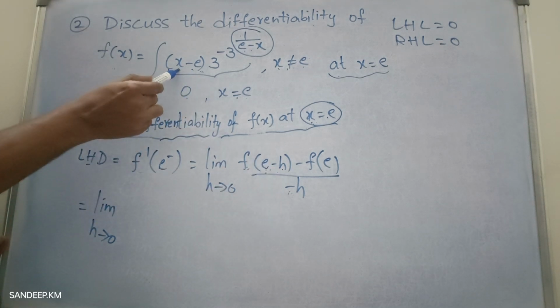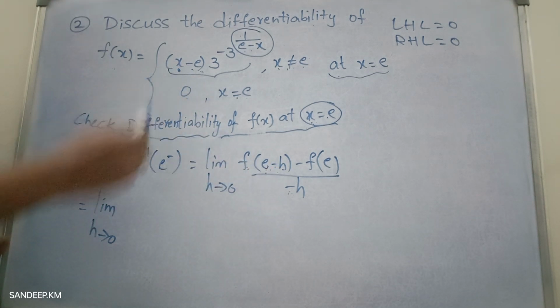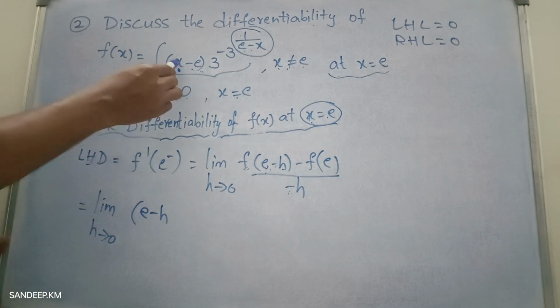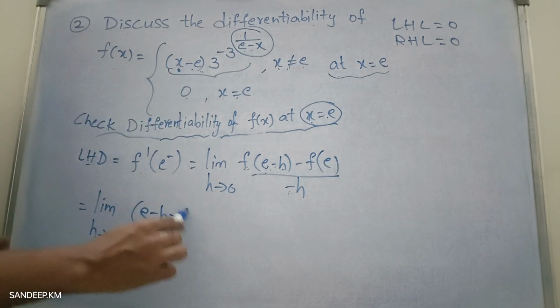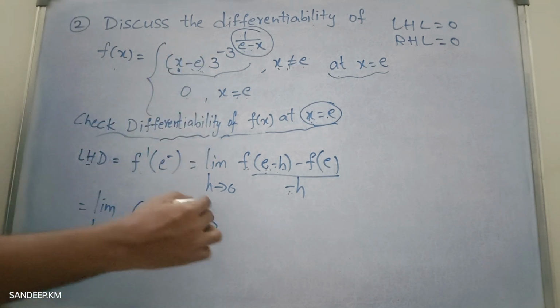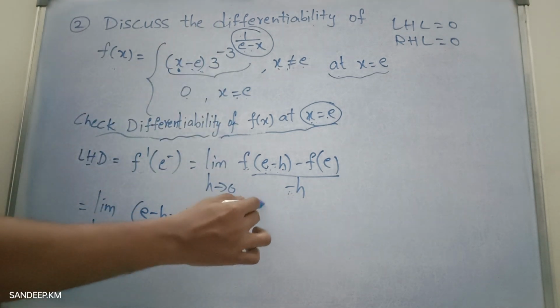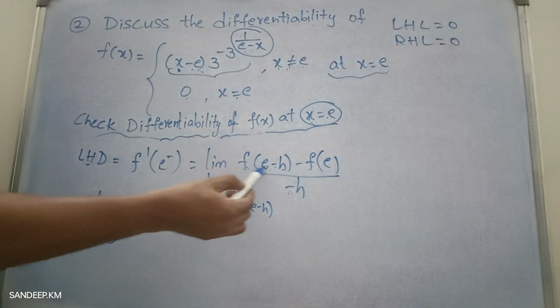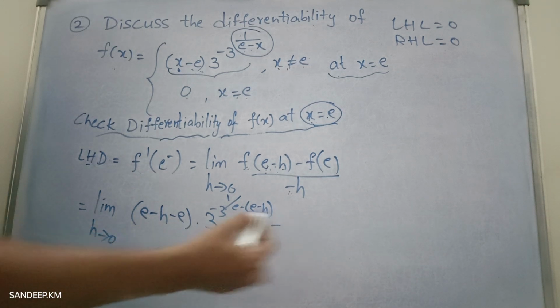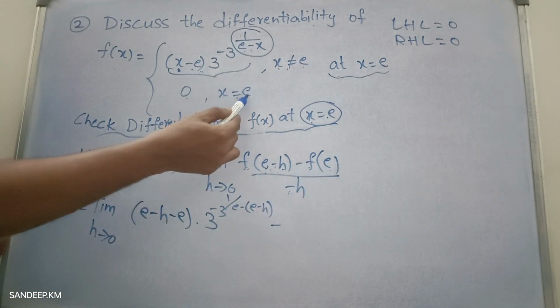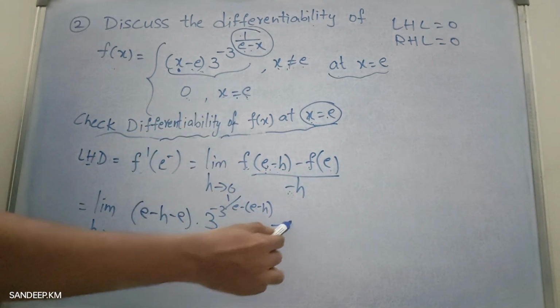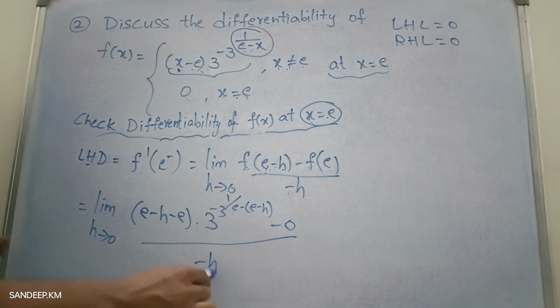Instead of x, I'll write e minus h. So e minus h minus e into 3 power minus 3 power 1 divided by e minus of e minus h. So that is f of e minus h. Minus, what is f of e? When input is e, f of e is 0. So divided by minus h.